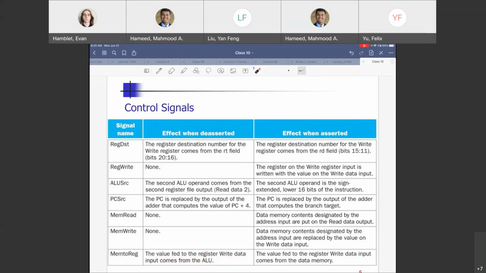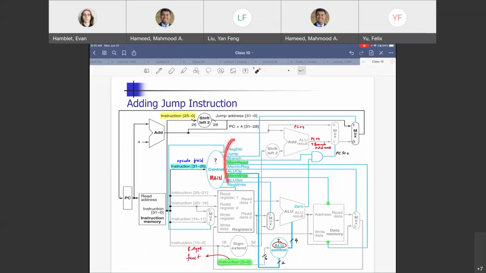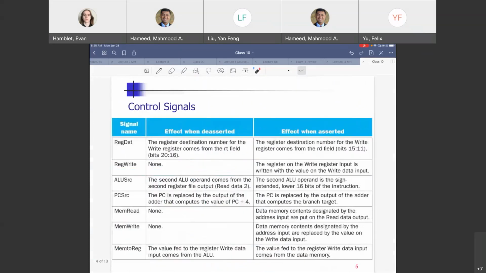All the others are there for your reference, but if you have understood all the things that we were talking about, like these signals, that's just written up in words in this table here. Does anybody need me to go into any one of these? Is any signal bothering you guys? No? Okay.